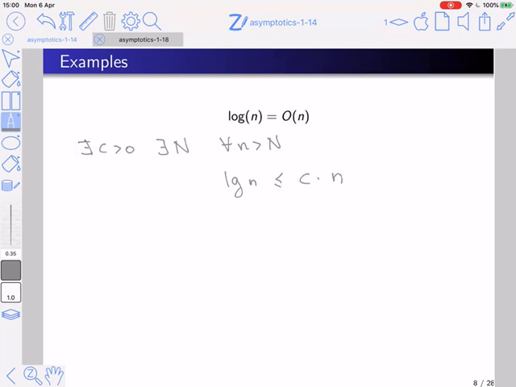And indeed, I can do this very easily. I can pick c to be 100 and N to be 55. Okay? And you can easily check that log of n is less than or equal to 100 times n for any n which is greater than 55.